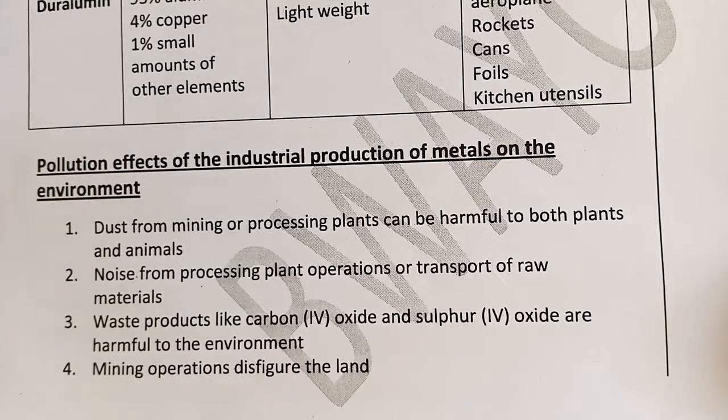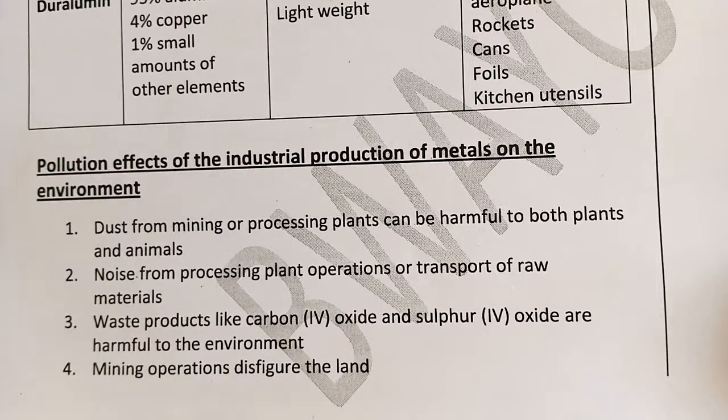For example, for animals it can cause respiratory problems. For plants, a lot of that dust accumulates on plant leaves, which interferes with the photosynthesis process, which can lead to yellowing of leaves and even leaves falling off, hence even the plants dying.